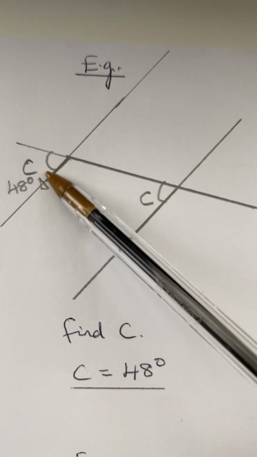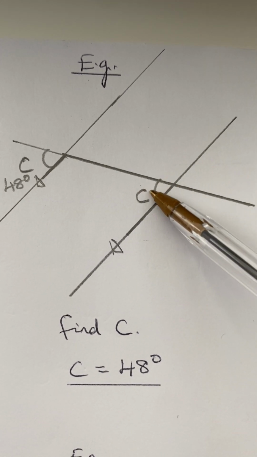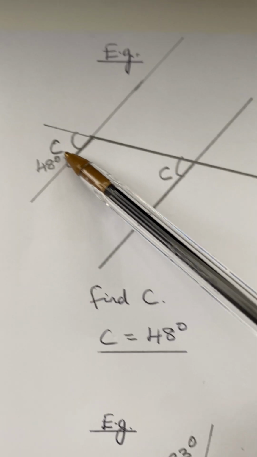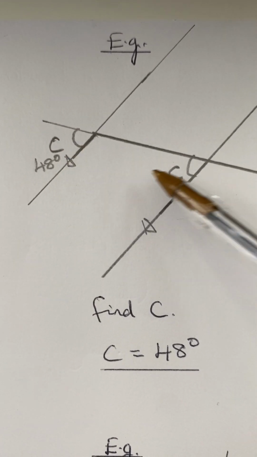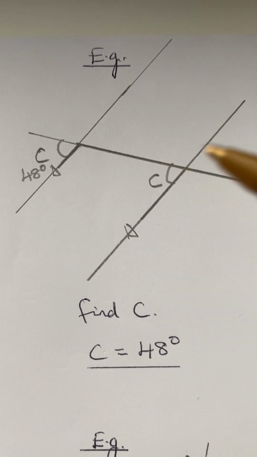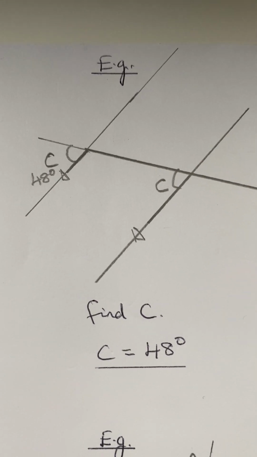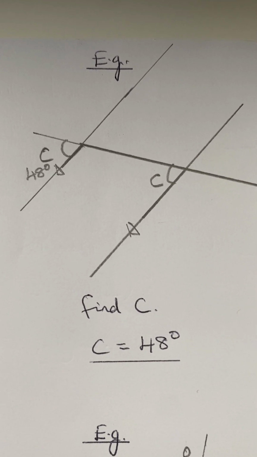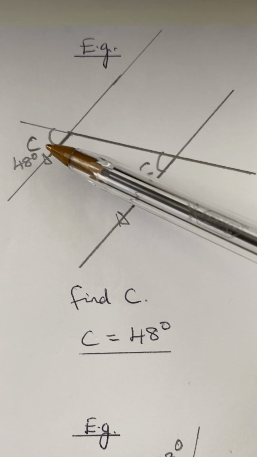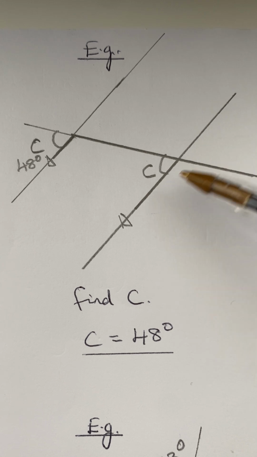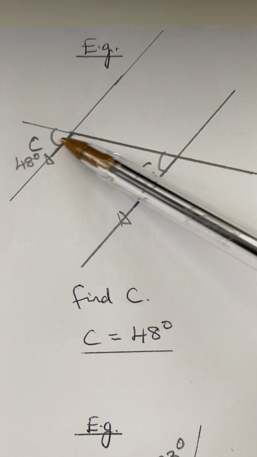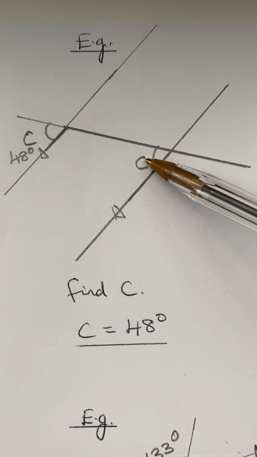So this angle here should be equal to the angle here. Straight away, if this is 48, then that will also be 48. Even though it's an F upside down, I should be able to see that and recognize that this C is equal to this C.